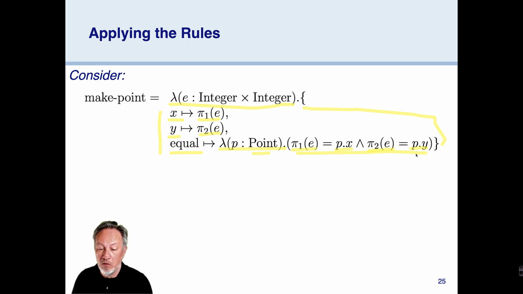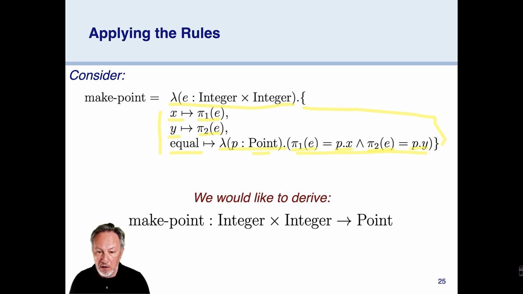But we're still missing something. In particular, what we would like to be able to derive is that makePoint is a function that takes a tuple of integers and returns an instance of the point class.